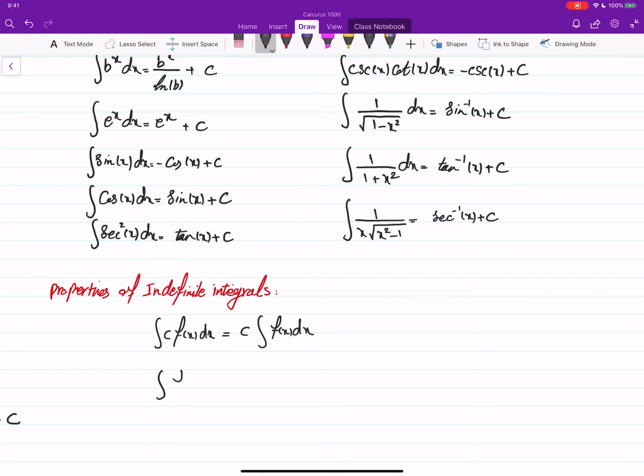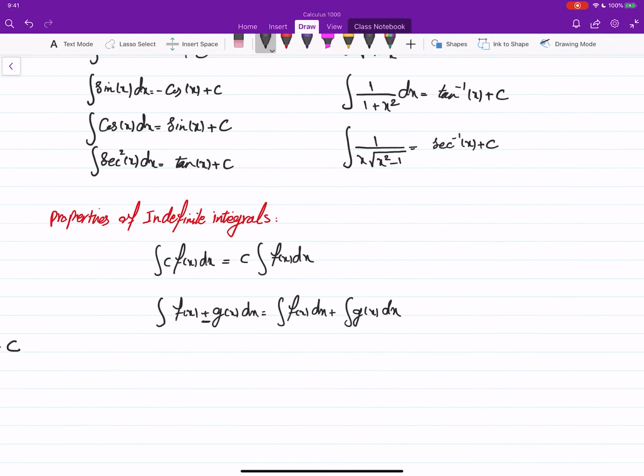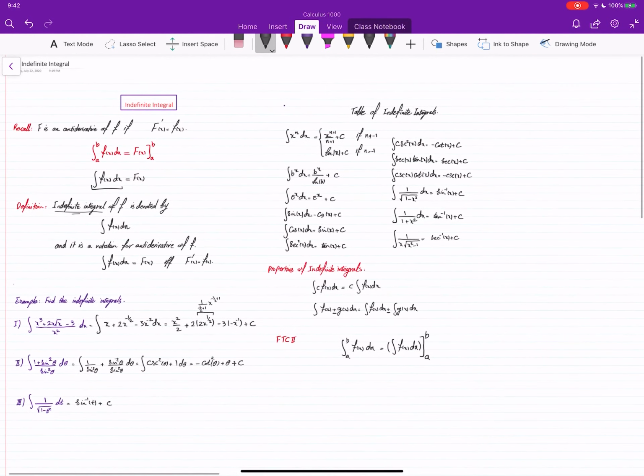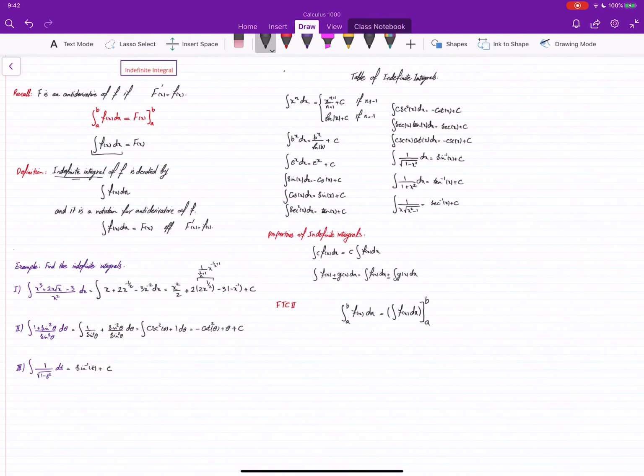The integral of the sum will be the integral of f of x dx plus the integral of g of x dx. And for the difference, the same thing comes out. Basically, we can rewrite all the things we learned for the antiderivative now in this new notation, indefinite integrals. So this is the new notation, as I said, and we already know all other things about this antiderivative, which now we can write in the form of the indefinite integral.